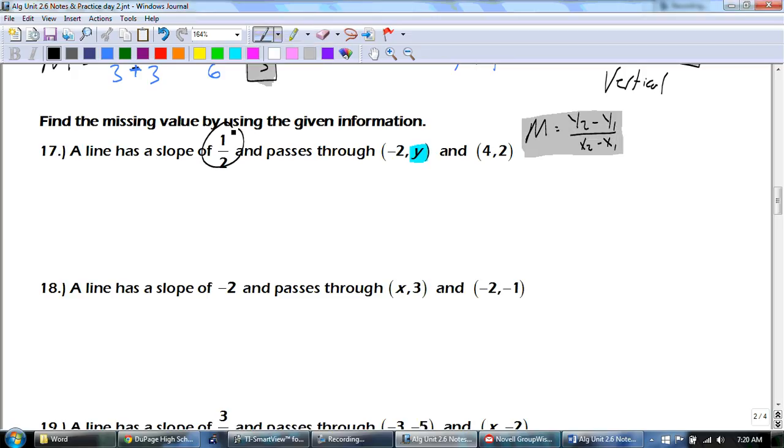So I know the slope, right? I know my slope is 1/2. But now we have to figure out what y is. So I'm following the formula. I have 2 minus y, and on the bottom, 4 minus -2. So 4 minus -2.